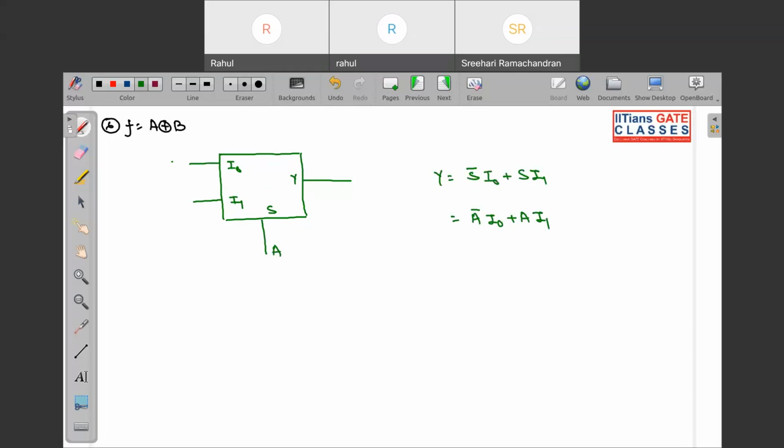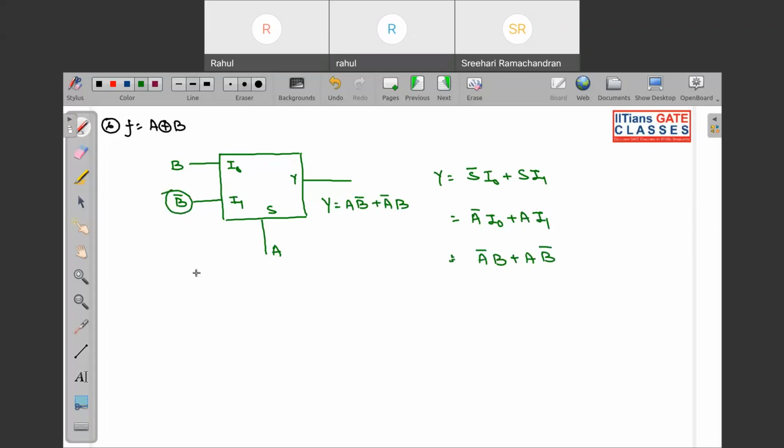Simply, you need to put B over here and B complement over here. Then you will get it, because Y is AB complement plus A complement B. So I naught should be B and I1 should be B complement. Then we will get A complement B plus A B complement. Again, you can see for getting this B complement, we require either one NOT gate or one mux.